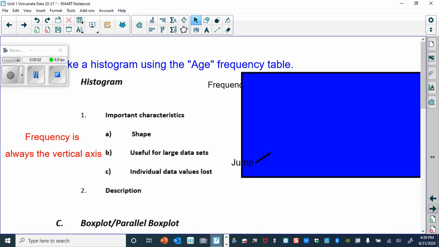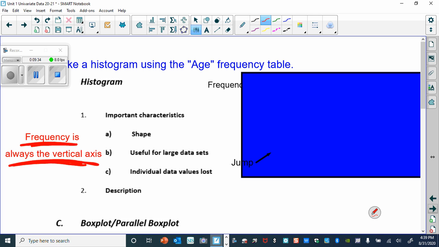Okay, and it's useful for large data sets because we can kind of get bars and scale them down if we have a lot of values. We do lose the individual data values whenever our width is more than 1 of a class, but we're able to describe a characteristic. A key thing here, frequency is always the vertical axis.